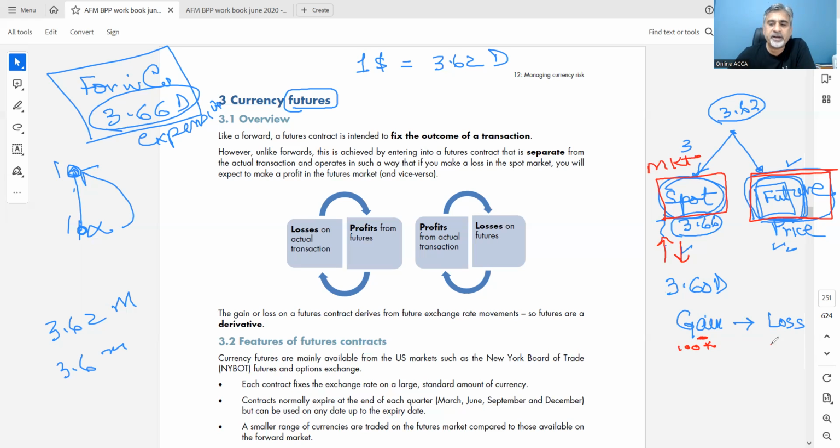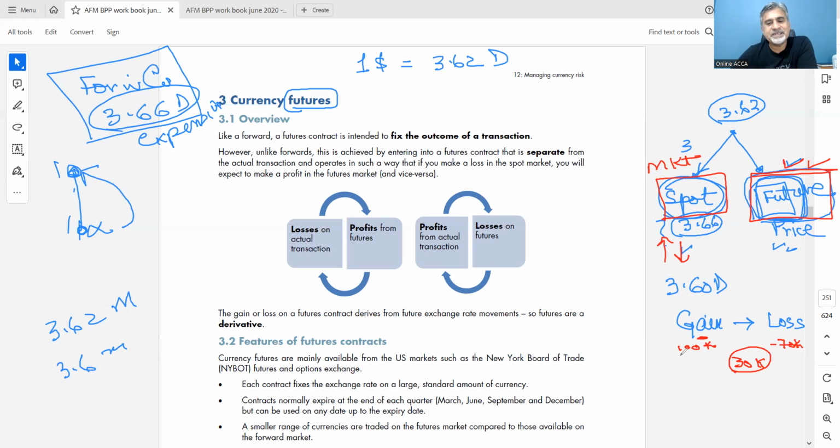And on the future contract, there is a loss of 70K. So my net gain is 30K. So at that time, you might have some regret. You might be regretting, why did I enter myself into this future contract? If only I had known that the market would move in my favor, probably I would not have signed up for a future contract. But unfortunately, it is too late.